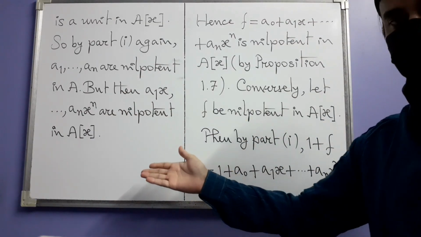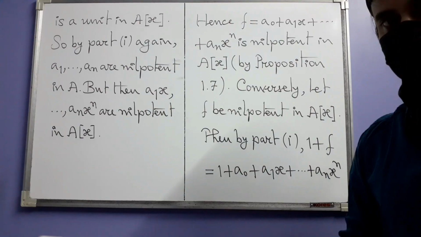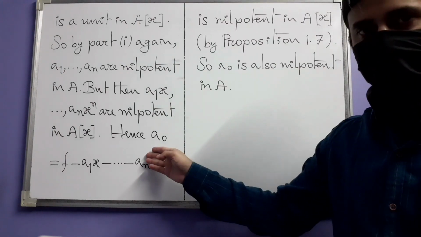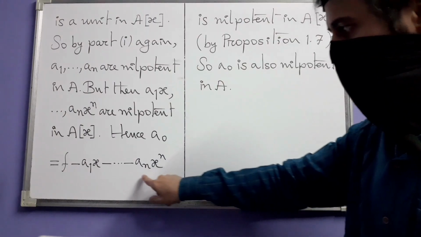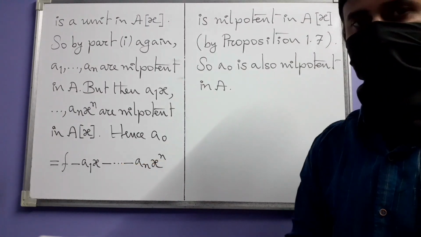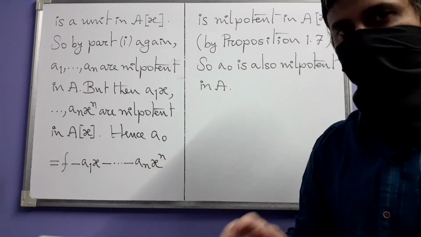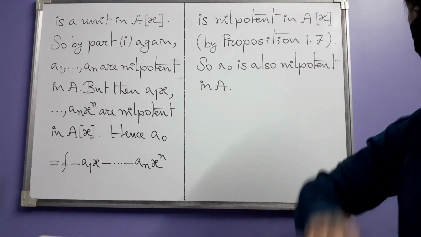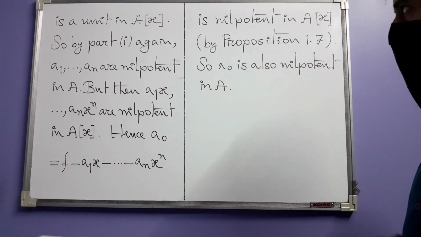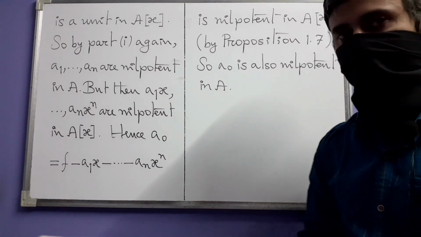You probably have already guessed what I am going to write next. Hence, a0, which you obtain by removing these other terms in the polynomial f from f, is nilpotent in A[x]. Again, by proposition 1.7.